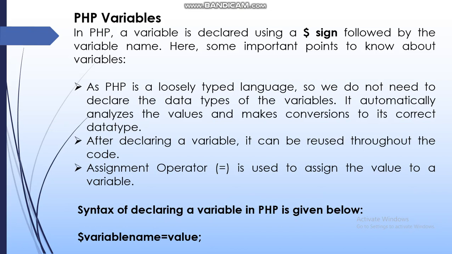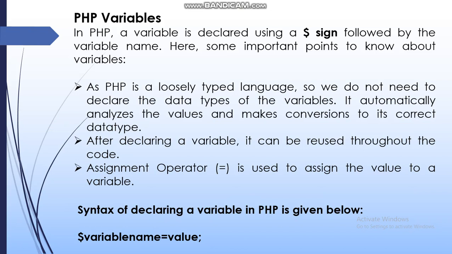Before we start the rules of declaring PHP variables, we'll discuss some important points about variables. PHP is a loosely typed language, so we do not need to declare the data types of the variables, as compared to other programming languages like C and C++. There we need to declare data types with the variables, like int c, char name.